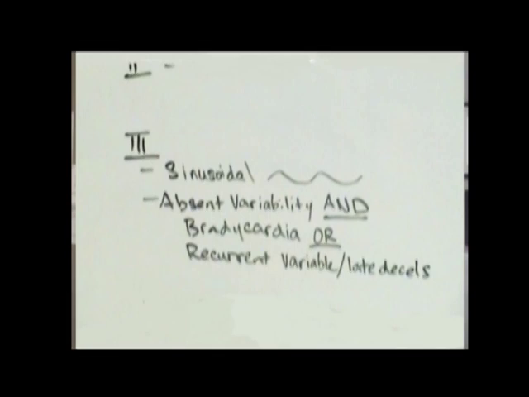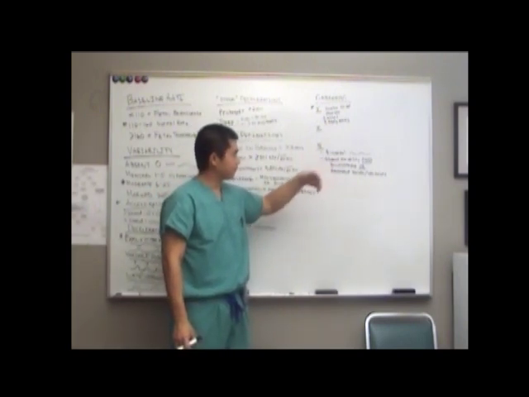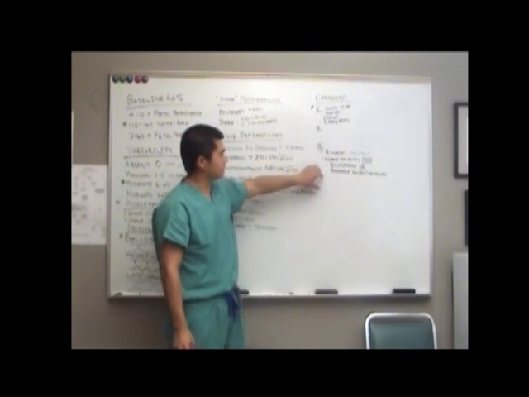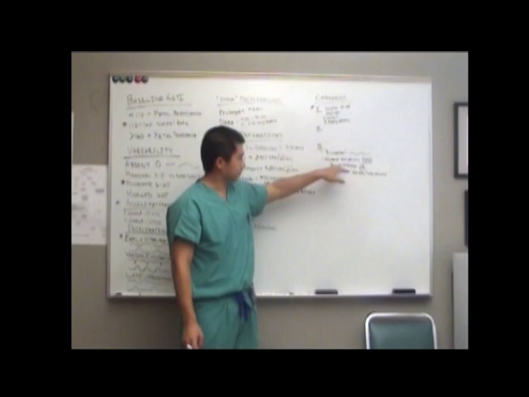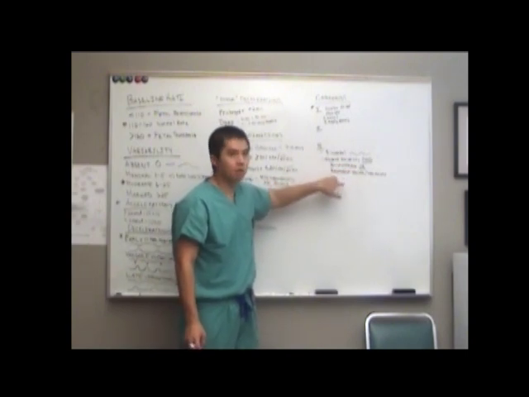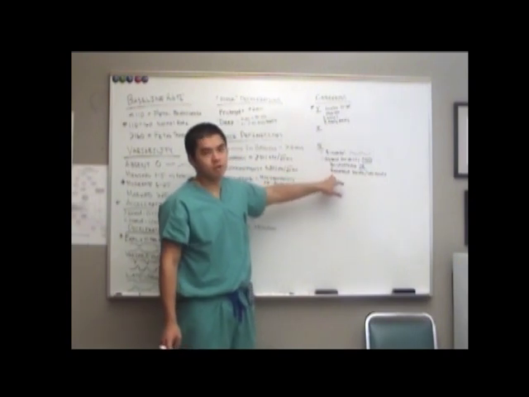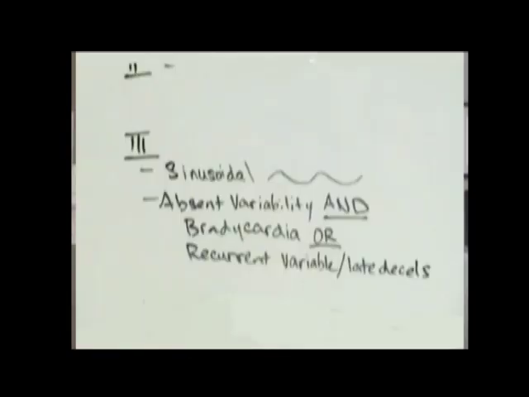Okay. Again, this is a very, very strict definition. And again, I harped on definitions and terminology and being exact with them. And this is where it comes into play, because this is absent variability and bradycardia, or absent variability and recurrent variable and late decels. So they have to be occurring with more than 50% of your contractions and have absent variability. As you can see, this is a really strict definition.